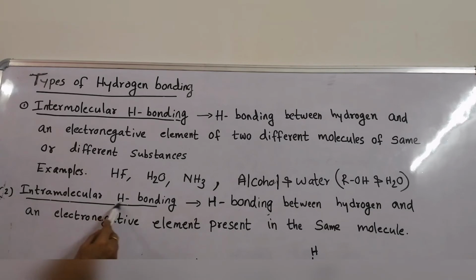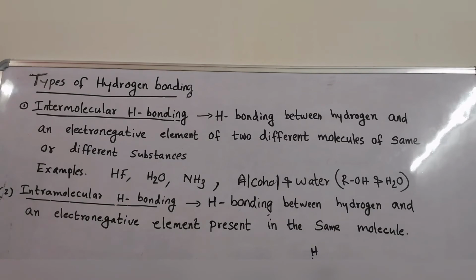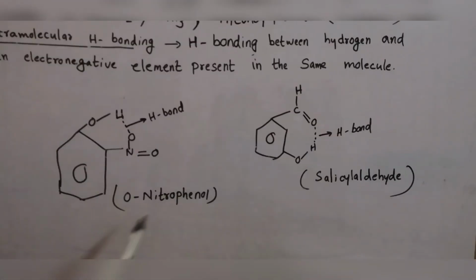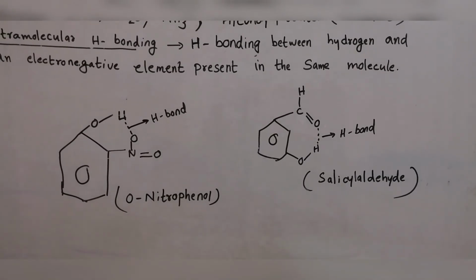In intramolecular hydrogen bonding, the bonding is between hydrogen and an electronegative element present in the same molecule. For example, orthonitrophenol and salicylaldehyde.